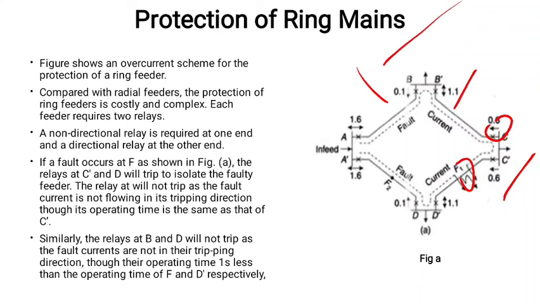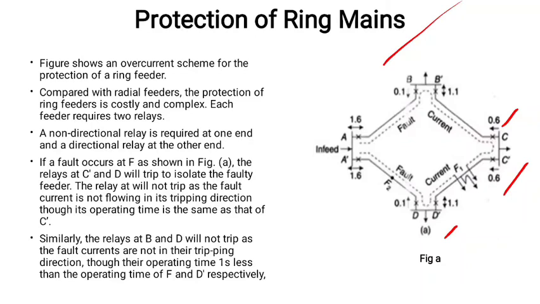So if the fault occurs at F over here, once again, if the fault occurs at F here, the relays at C dash and D dash are going to trip and isolate the faulty feeder. The relay at C will not trip, as the fault current is not flowing in its tripping direction, though the operating time for C dash and C is the same.